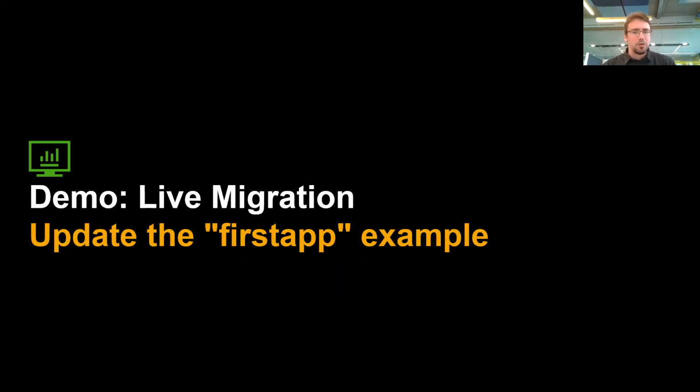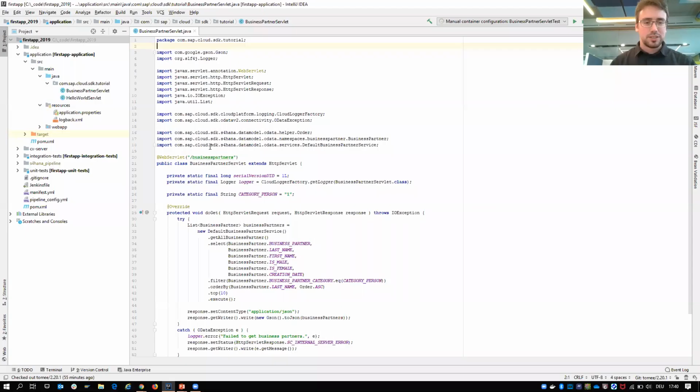Okay, so you may have worked on the first step example in the past. This is a very simple application to showcase the basic functionality of Cloud SDK. There's a blog post series as well as an SAP tutorial, and let's take the opportunity to use our first step example and migrate it. So I have prepared a little project here.